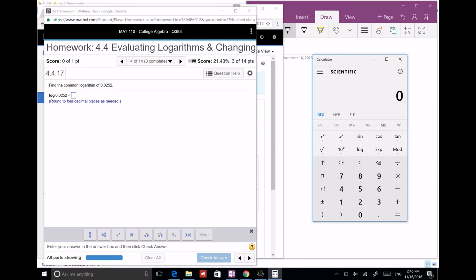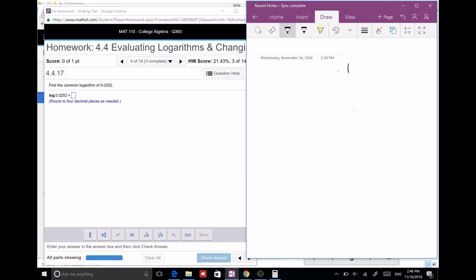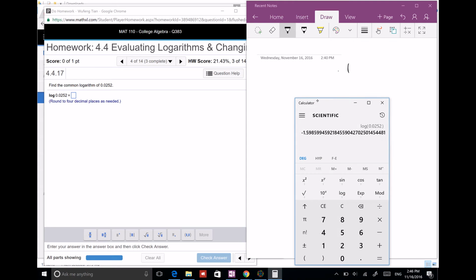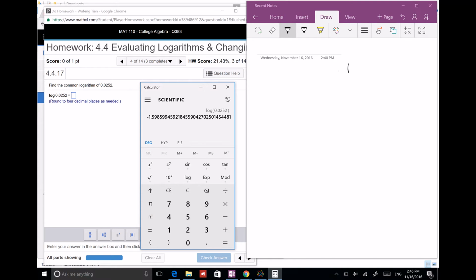Alright, so I got 0.00252, log, negative 1.59, to 4 decimals. Negative 1.5985.